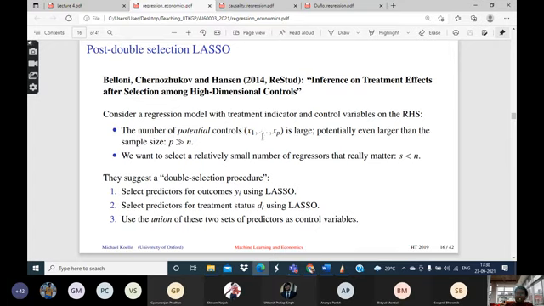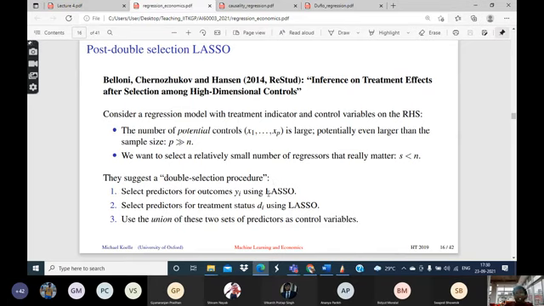But if this X5 is a confounder which impacts both DI as well as YI, then running a lasso may not be able to pull out the effect in the way we want.